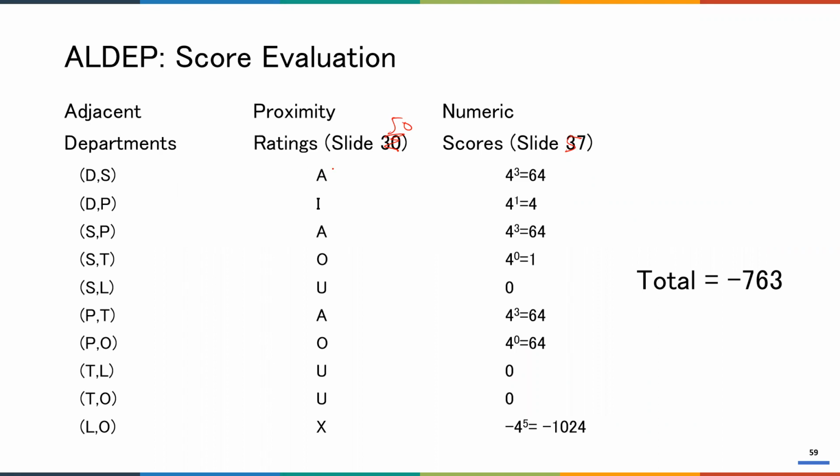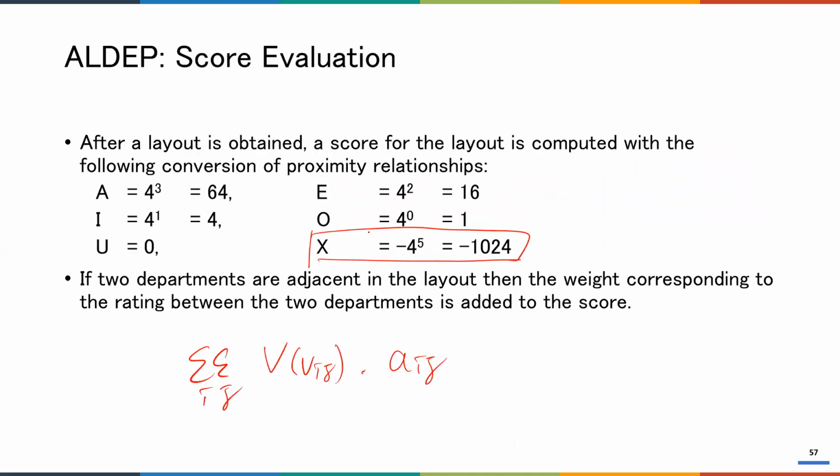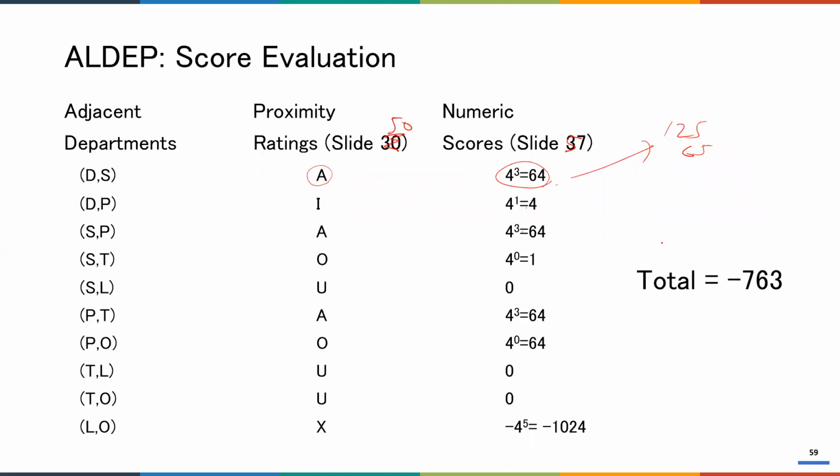Okay, so for each department that is adjacent, you calculate the proximity rating based on the value. So in this case, we use this value. You can just change it into 25 maybe, or 65 or something like that, as long as it represents the importance of the closeness rating.